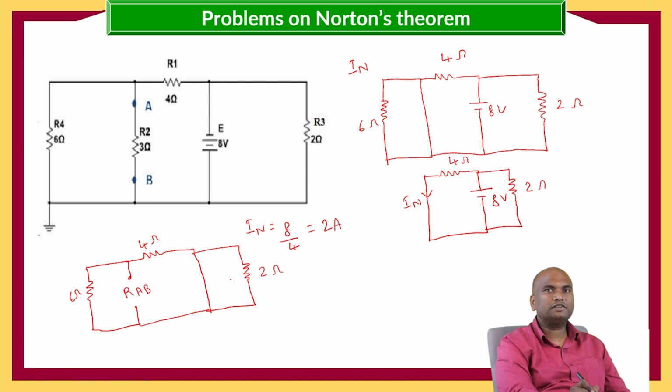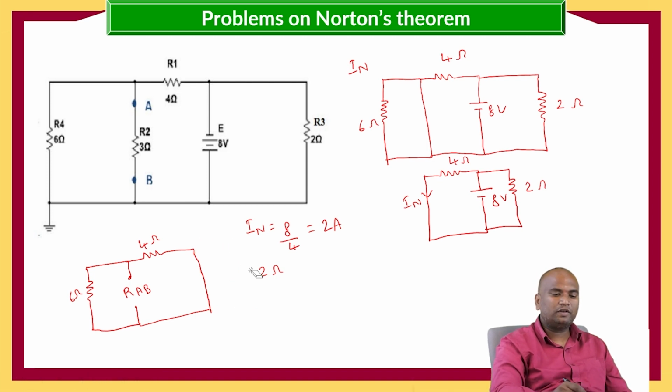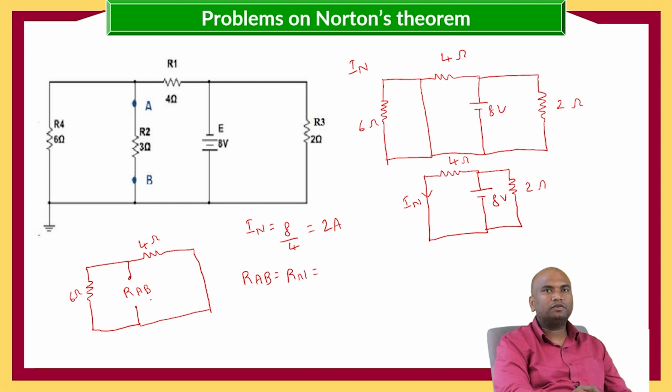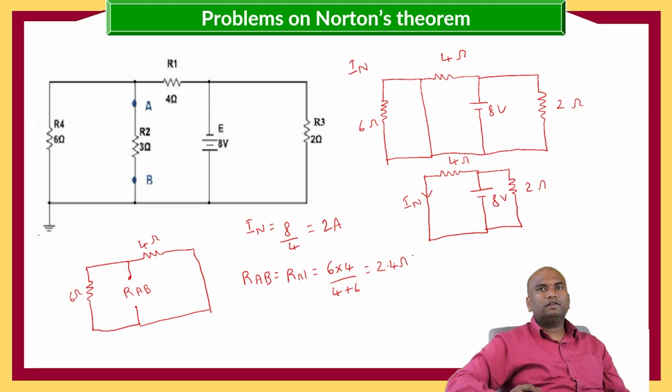When there is no 2 ohms, RAB or RN is equals to the 6 ohms and 4 ohms connected in parallel. So 6 into 4 by 4 plus 6, that is equals to 2.4 ohms. This is the way we need to calculate the Norton's current and Norton's resistance.